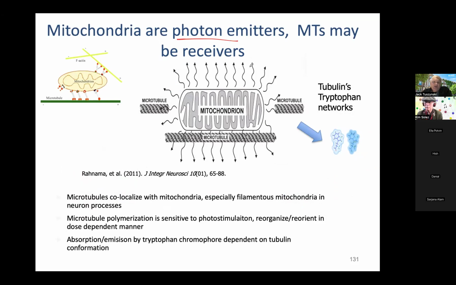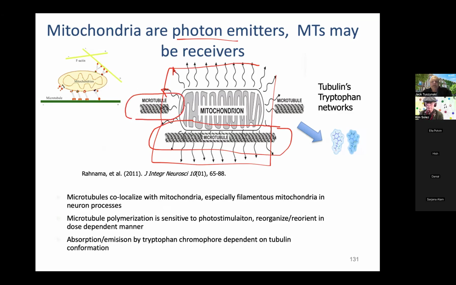But mitochondria, we talked about mitochondria a lot. They are the energy producing organelles, ATP molecule producing, but at the same time, one of the byproducts of this process is emission of photons. And lo and behold, mitochondria in non-dividing cells, or in non-dividing phases of the cell cycle, interface associated with microtubules.